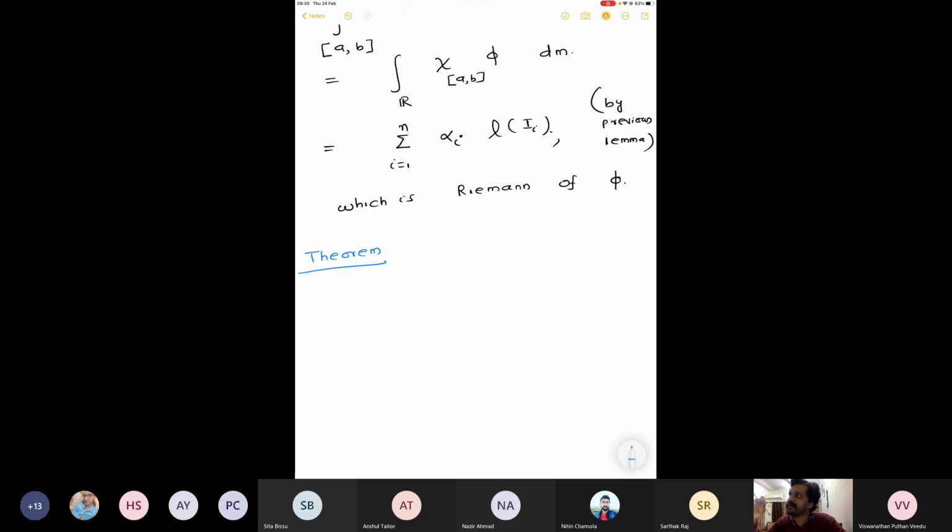That is, underestimate and make the underestimate better and better, or overestimate and make the overestimate better and better. You should recall here the upper Riemann sum, lower Riemann sum, upper Riemann integral, lower Riemann integral, and so on. Same idea we will mimic here, but I will do that for measurable non-negative functions. So that is step 1.